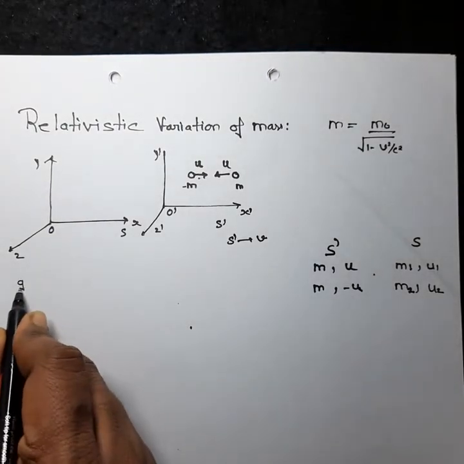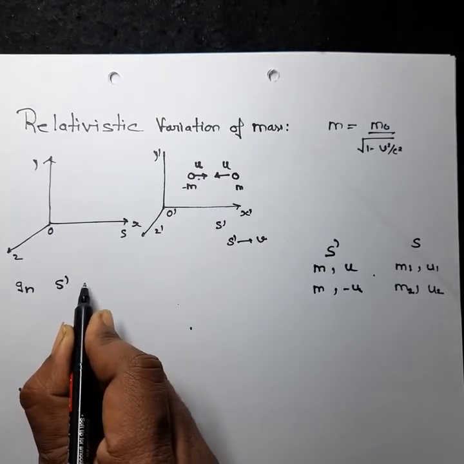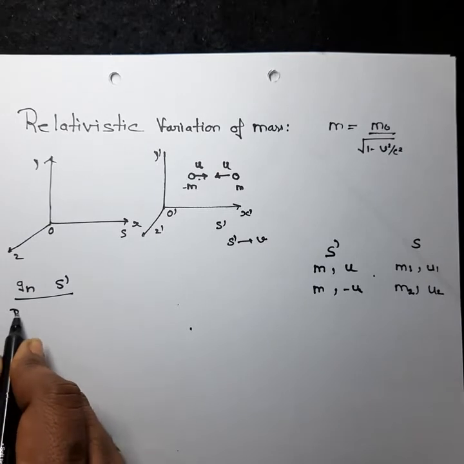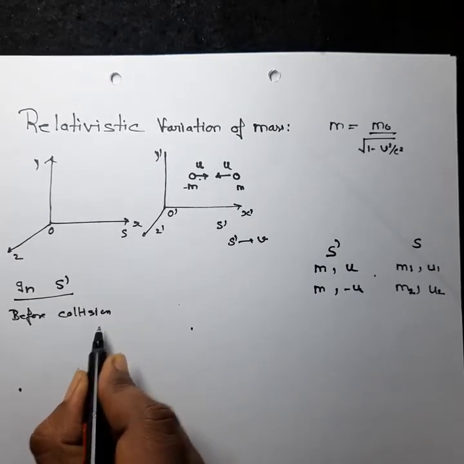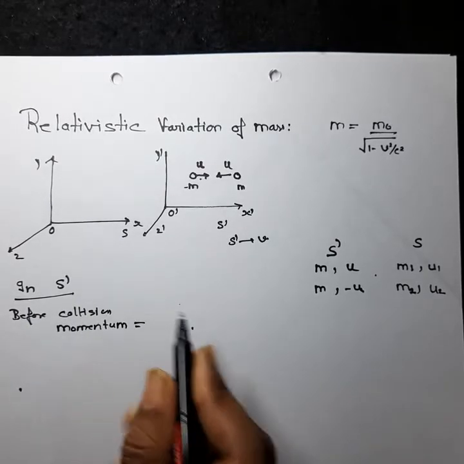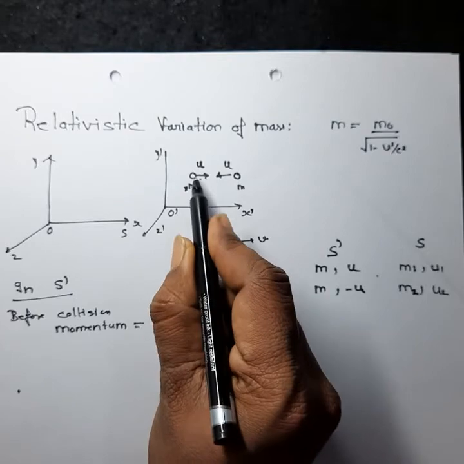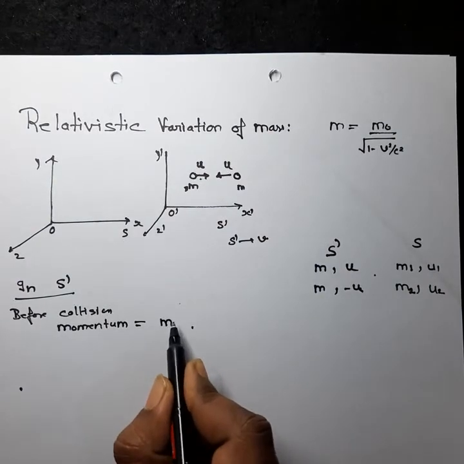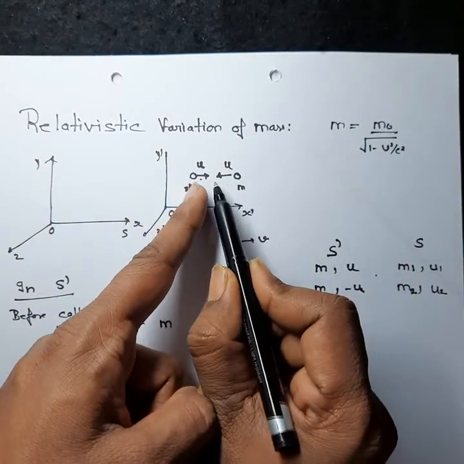So in the S dash frame of reference, before the collision, these two masses are approaching each other, and they will collide at some instant.